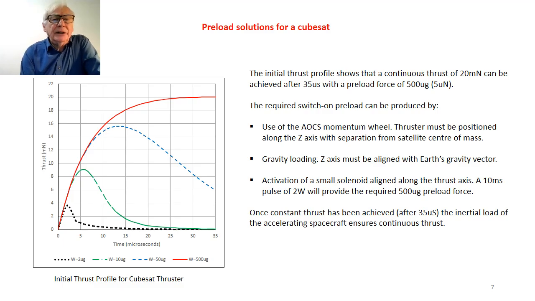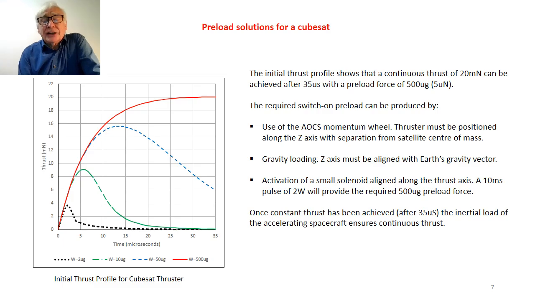The green dashed line shows that things are improving. As you go up to 10 micrograms, it gets better, at 50 micrograms, but it is still eventually tailing off and will reach 0.